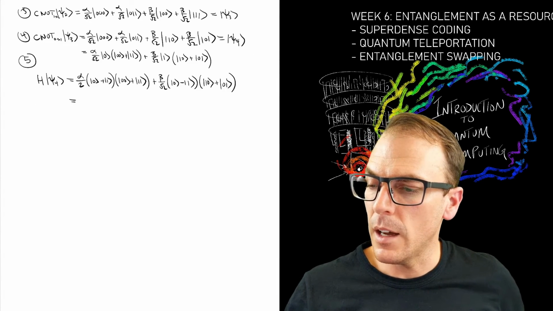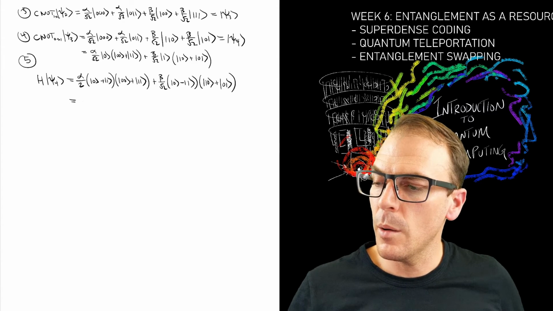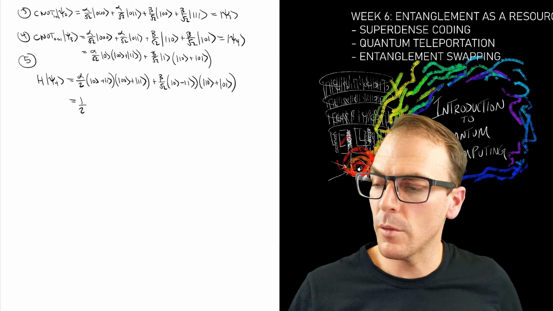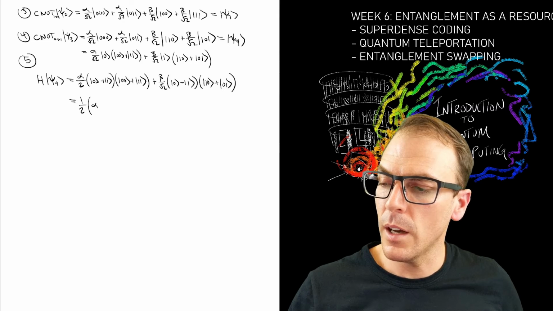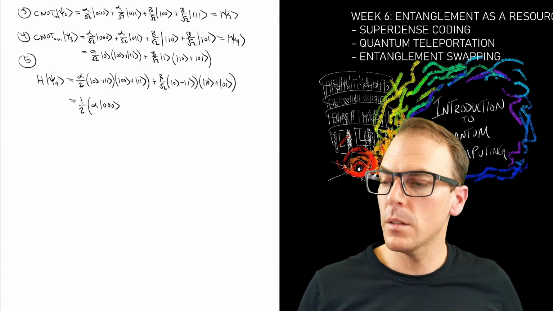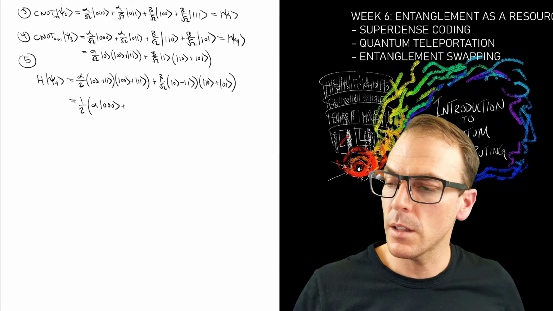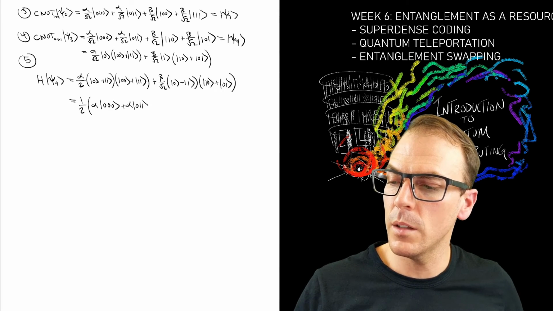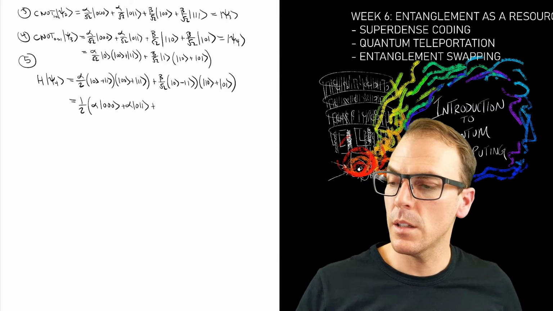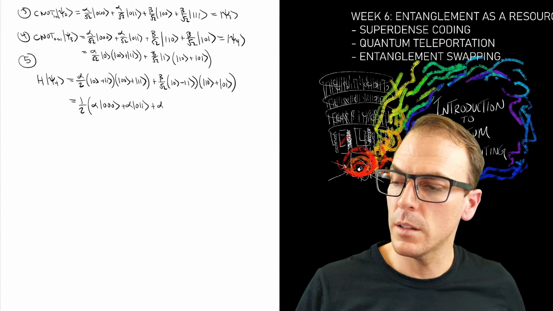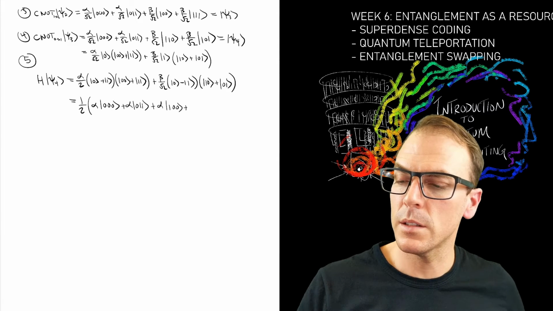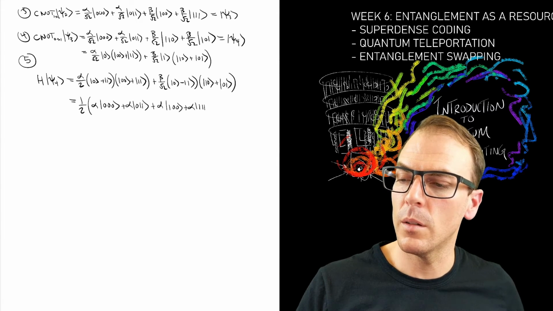Then we're going to have a big 1 over 2 sitting up front, and then we're going to have alpha 0, 0, 0 plus alpha 0, 1, 1 plus alpha 1, 0, 0 plus alpha 1, 1, 1.